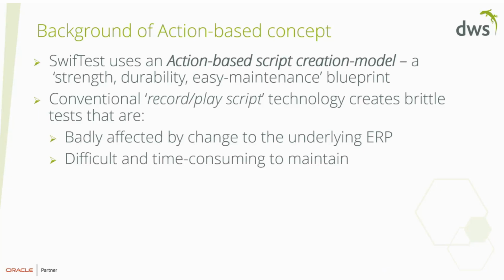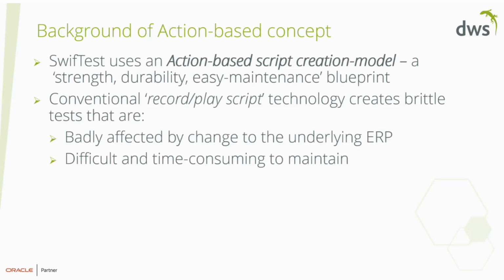And that came about because conventional record and play script technology tends to create brittle tests that are badly affected when change comes along to the underlying ERP. The record part of that process is fine, but when the ERP changes behind the scenes, and that change can occur for one of many reasons, in JD Edwards it's quite common.